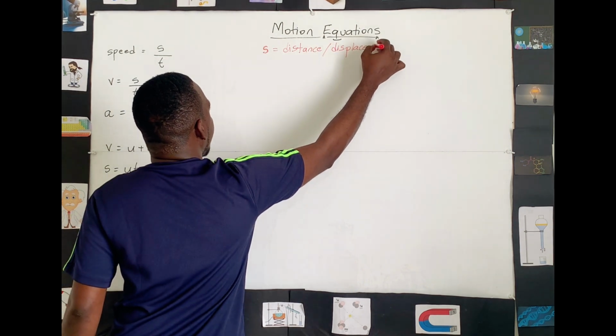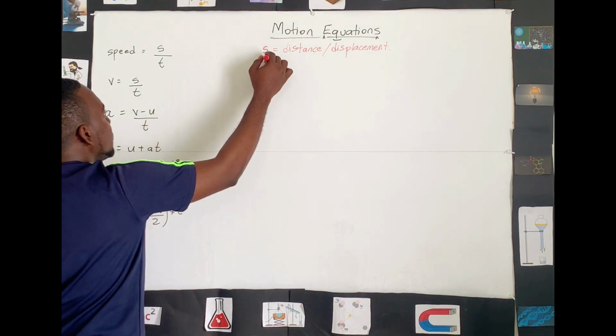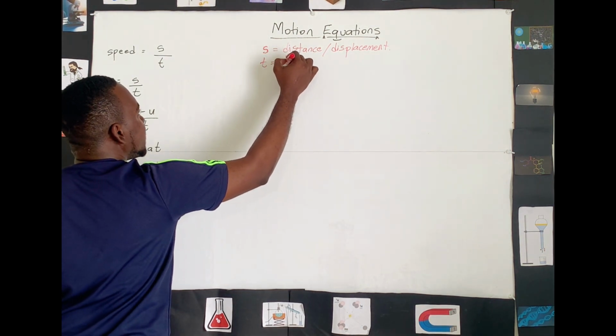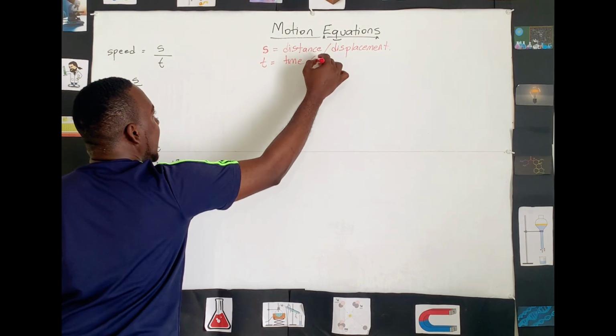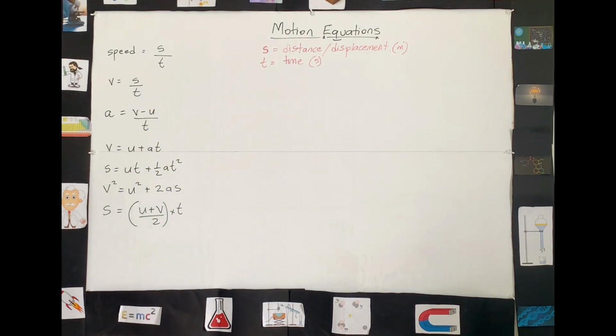In some books you will have it as x. Then t, universally, represents time. Time is in seconds, and distance or displacement is in meters.